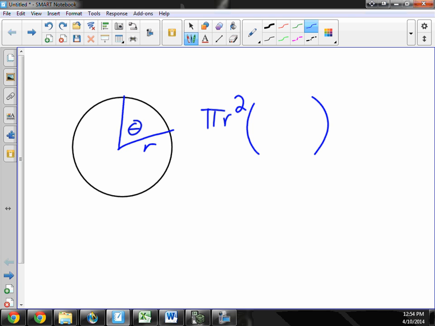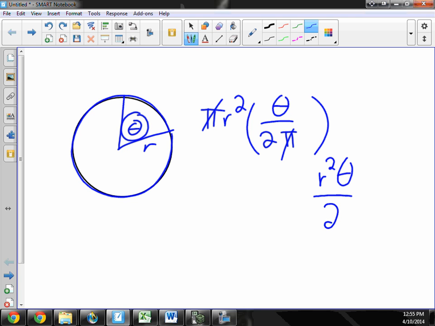The percentage is the part divided by the whole, so it's theta over 2 pi. What do you notice? The pi's cancel, and I get r squared theta over 2. And that is the area of a sector, which is what we just had.